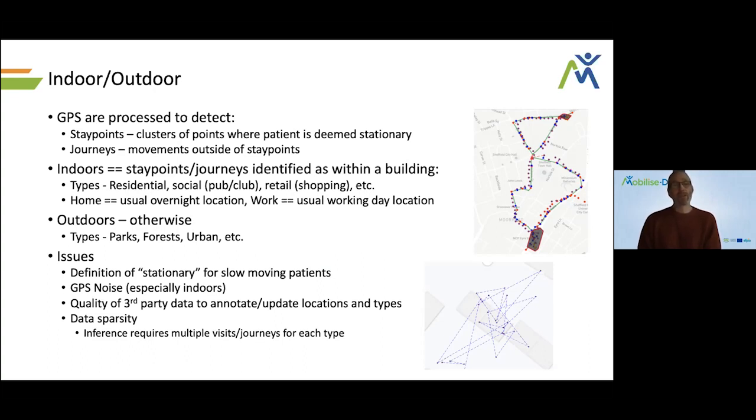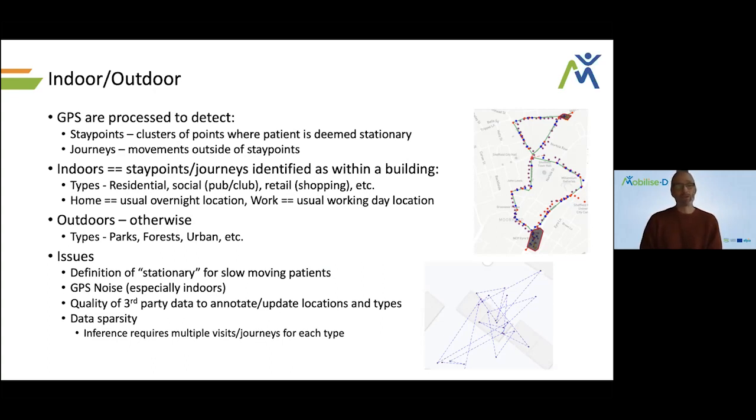Indoors are determined by whether a stay point or a journey is identified as being within a building. We do this by mapping the points onto the data we get from a map, primarily OpenStreetMap. And then we can also typify those locations, whether they are residential or social or retail, etc.